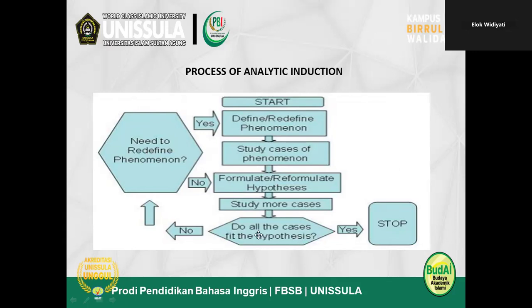And then the last question is, do all the cases fit the hypothesis? If the answer is yes, you may stop the data analysis. But if the answer is no, you have to redefine the phenomenon. That's the process of analytic induction.